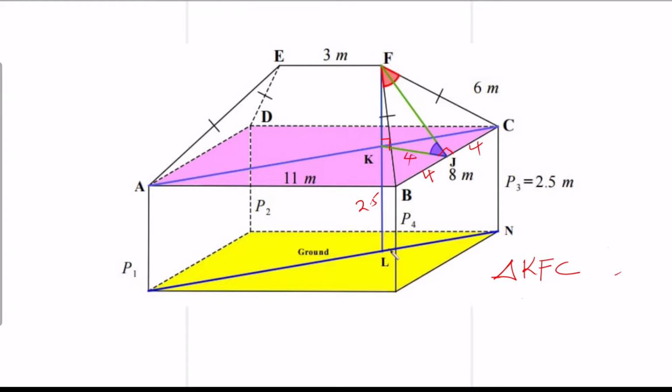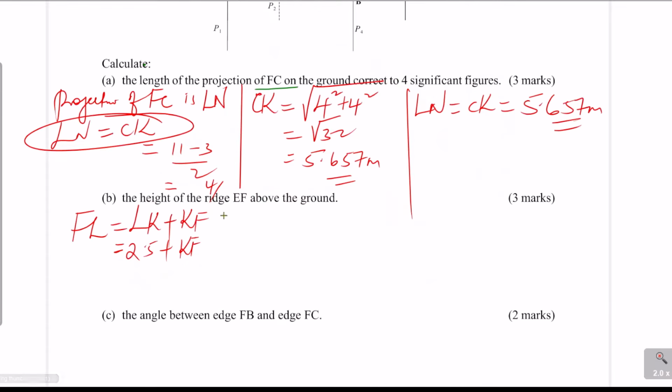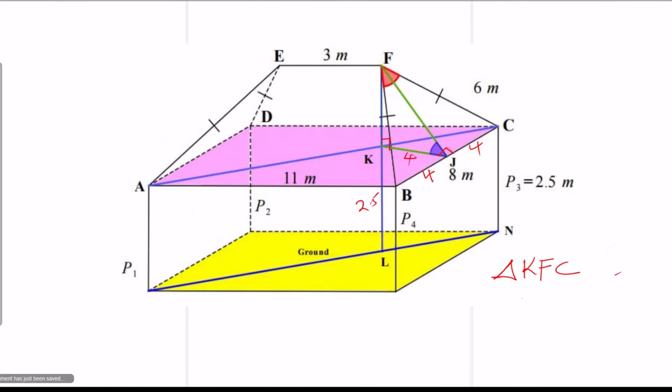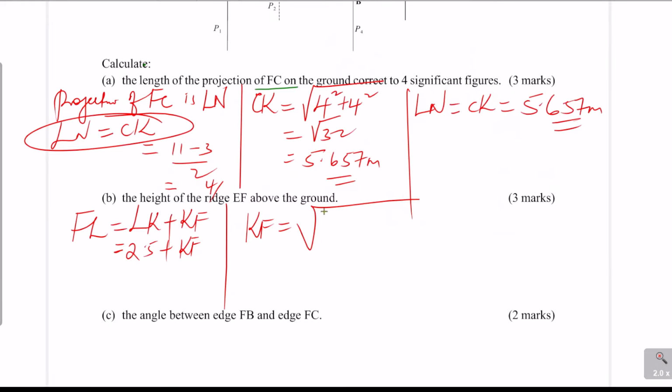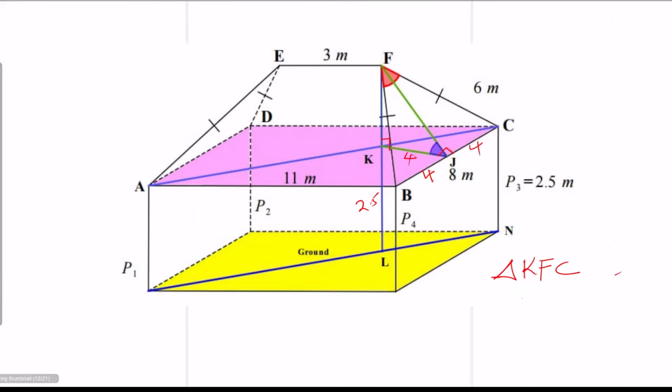So using Pythagoras theorem, KF is equal to the square root of FC squared, FC squared is 6 squared, subtract KC squared.